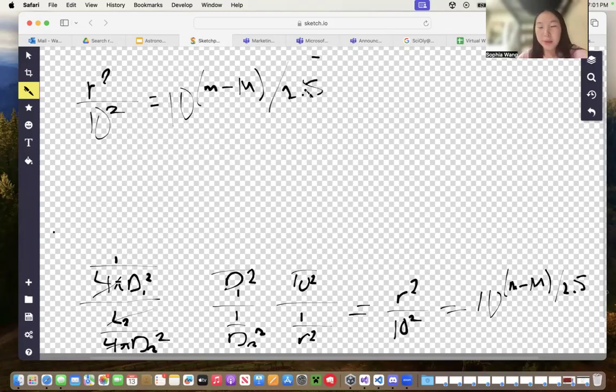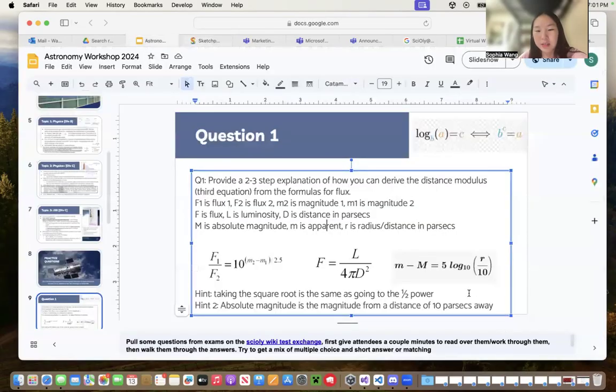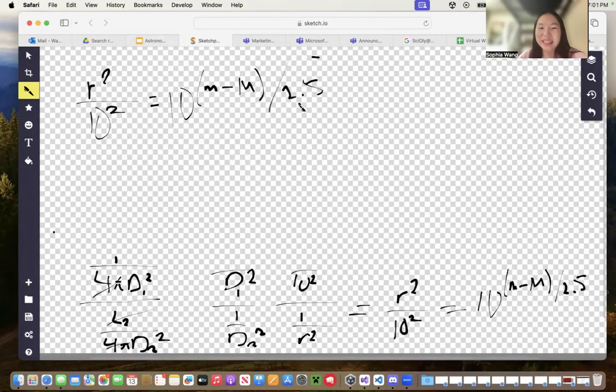And I made a note about this earlier in the hints, but taking the square root is the same as going to the 1/2 power. That was supposed to be a hint at this point because you'll notice these are both conveniently squared, and 10 is already to a power. So if we just take the square root of this, we'll get r over 10, right?